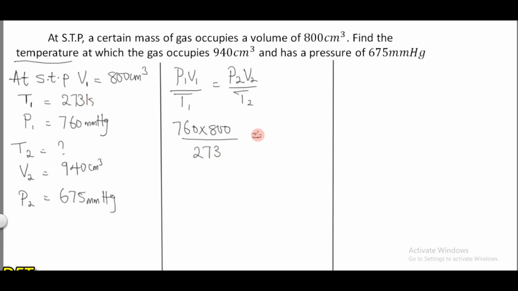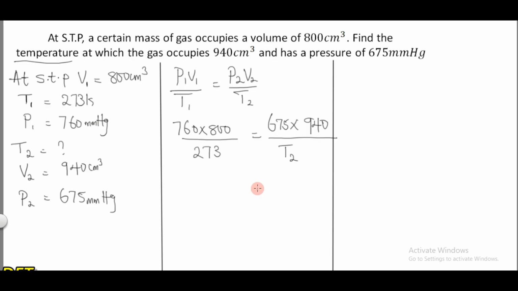This is equal to my P2, which is 675 millimeters of mercury, times my V2, which is 940 centimeter cube, over my T2, which is what I'm looking for and is unknown, so I'll represent that as T2.